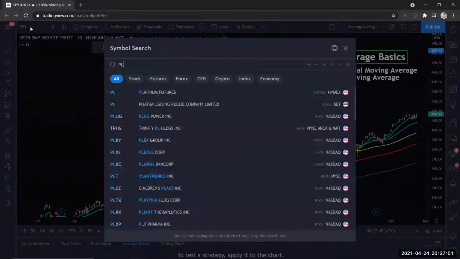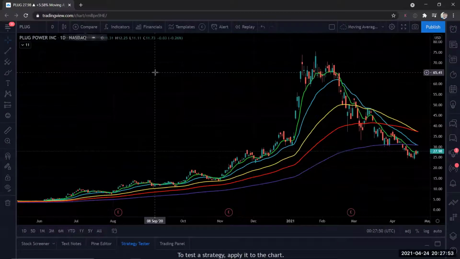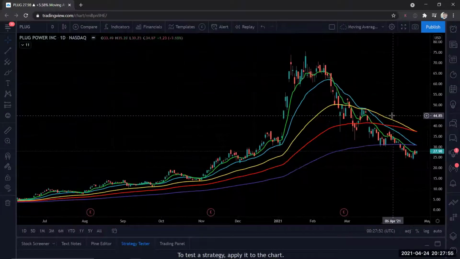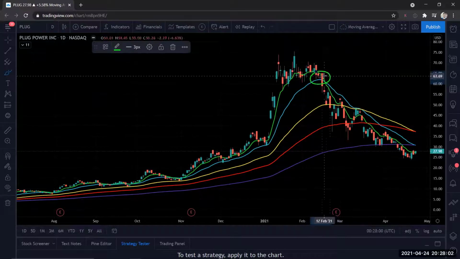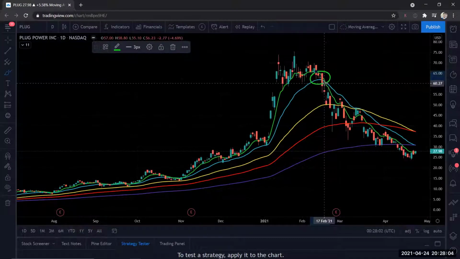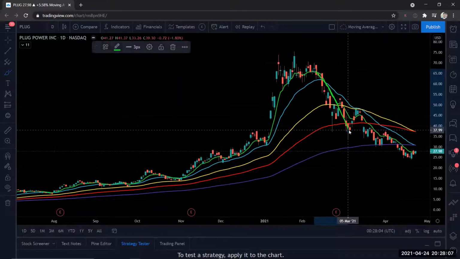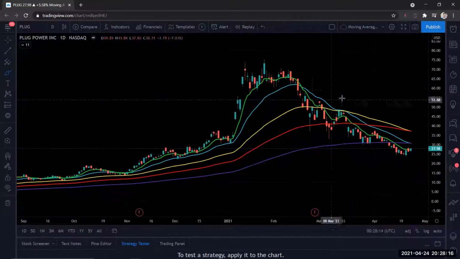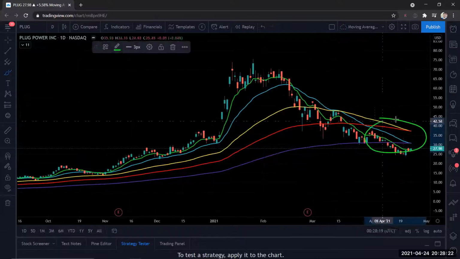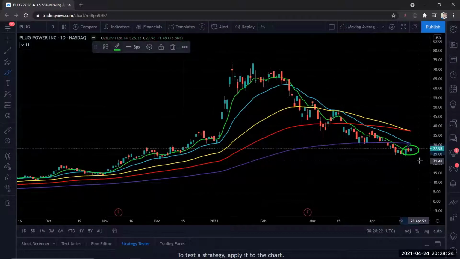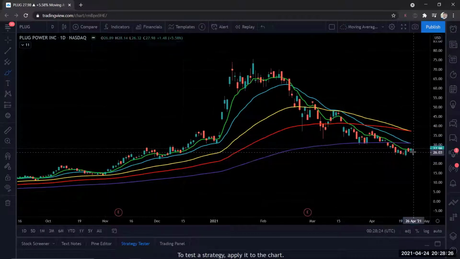Now, if you look at other stocks, let's say like a Plug Power, for example, right now, as soon as we started to break below the short-term indicators, the 8 EMA and the 21 EMA, price started to drop pretty quickly. This stock, Plug, is not the best looking chart because we're below all the moving averages. We're just starting to try to get above the 8 EMA again.